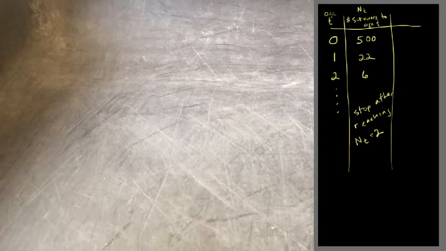So what we're going to do is go through a very small number of generations. Obviously, there are 500 survivors to age 0. We had 22 survivors to age 1, and 6 survivors to age 2, and then we'll just keep on going only until we get to the number of survivors equal to 2.